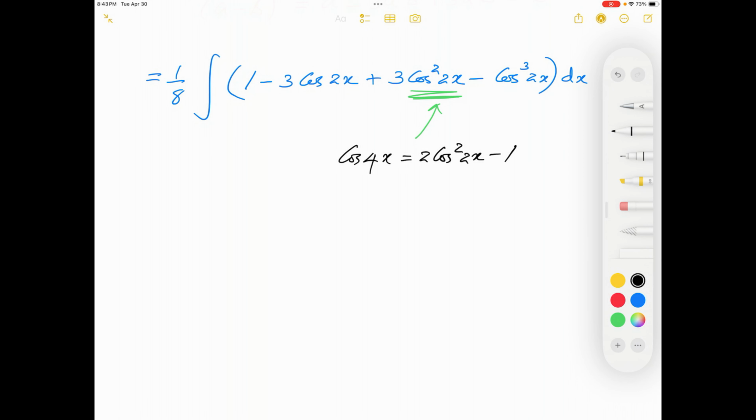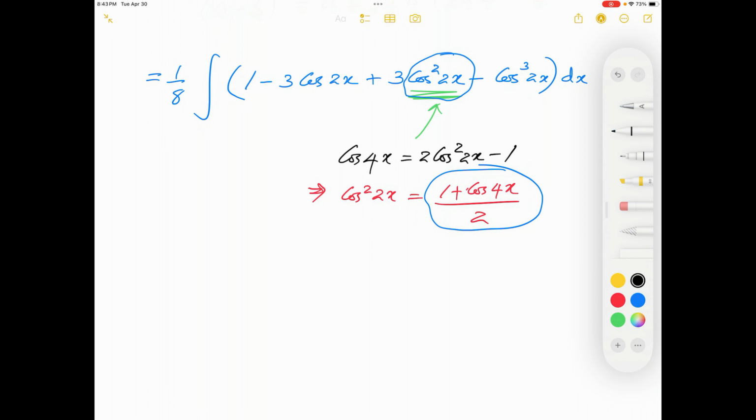That's according to the double angle identities. Now from that we can make cosine squared 2x the subject. It will be equal to 1 plus cosine 4x all divided by 2. That way we can convert this squared term into a first order cosine term.